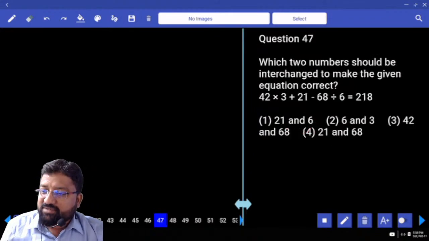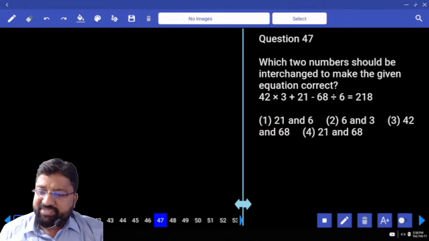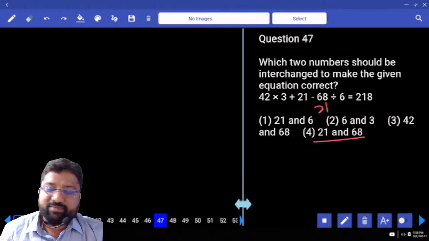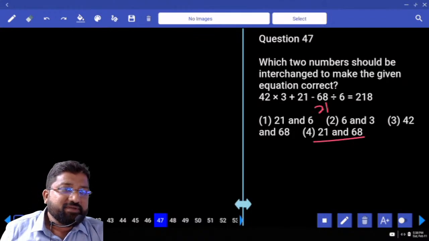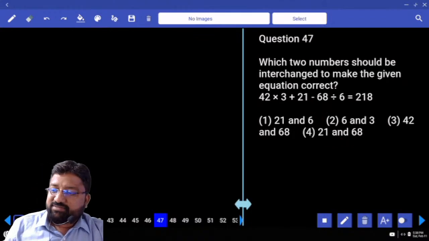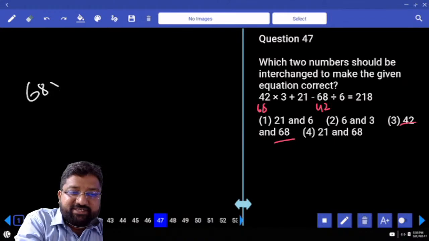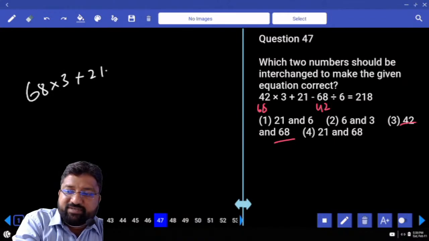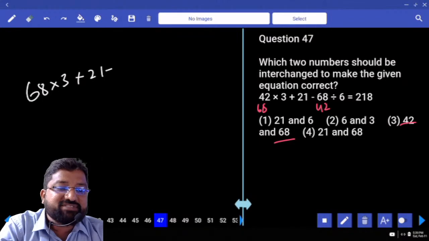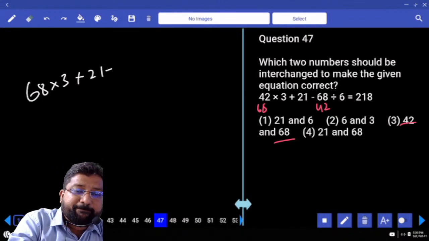47. What are the numbers that are supposed to be changed? You change 21 and 68. 21 divided by 6, not possible. You'll get values in decimals. Next is 42 and 68. This is 42 and this is 68. Let us see 68 into 3 plus 21 minus 42 divided by 6. Come on. 7.